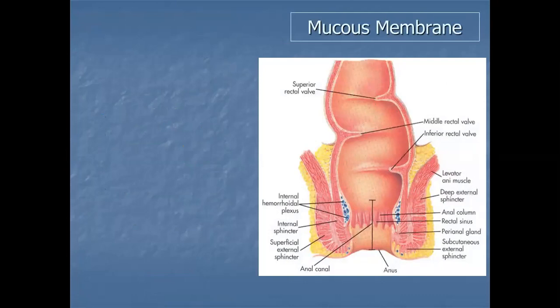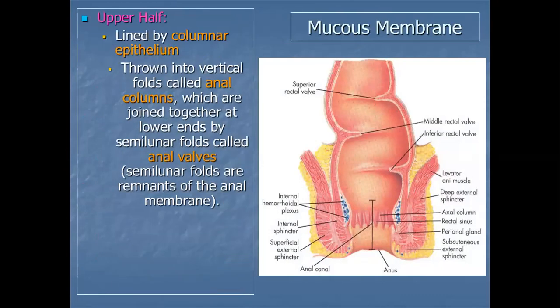So what are the differences? One is the mucous lining epithelium. The upper half is lined by tall columnar epithelium, thrown into vertical folds called the anal columns. At the lower end, these anal columns are joined together by semilunar folds called the anal valves.